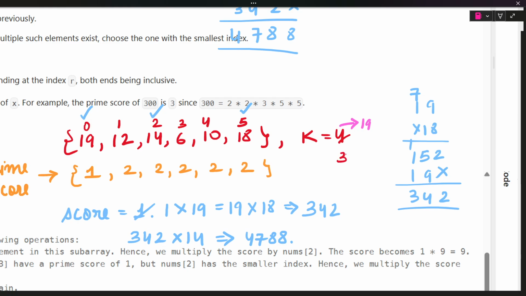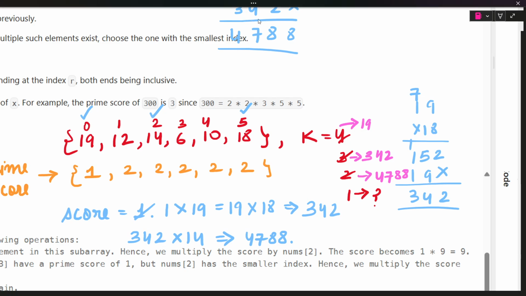Then for 3 and 2, we got 342, and for this we got 4788, and we have still 1 k left, right? Okay. So what would be the answer? We have taken 40, so we should be taking the next greater element, right?